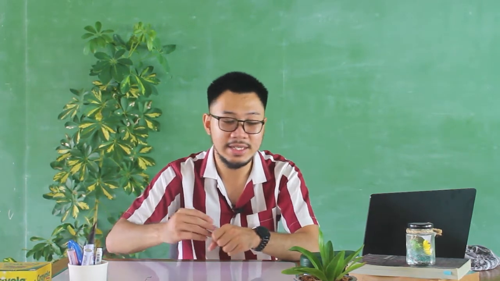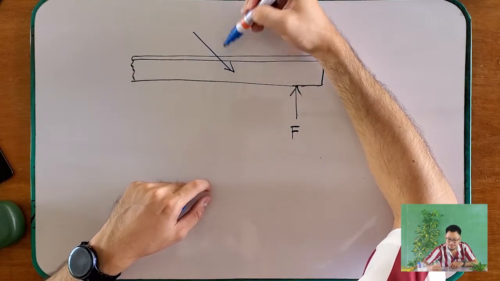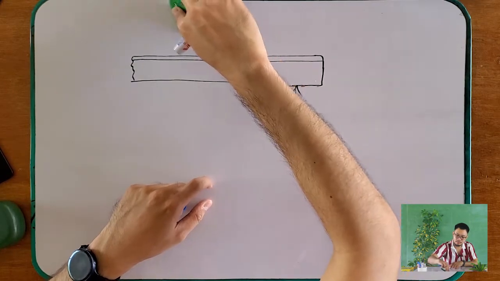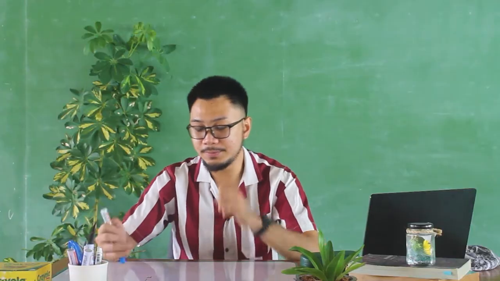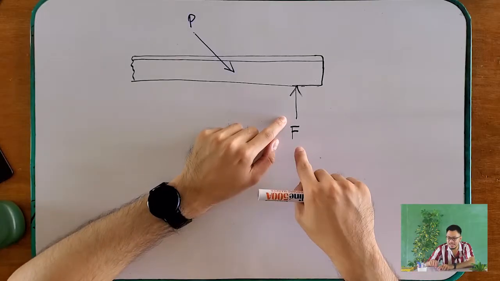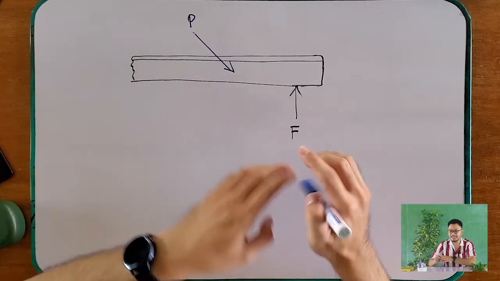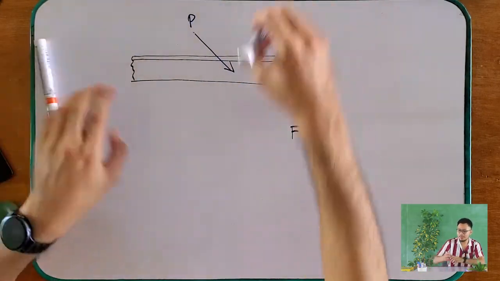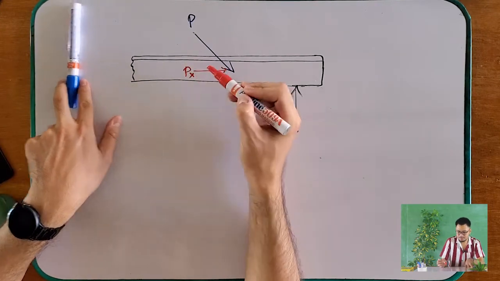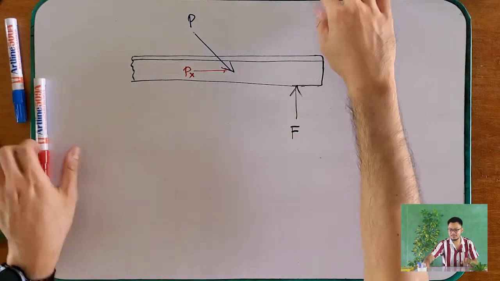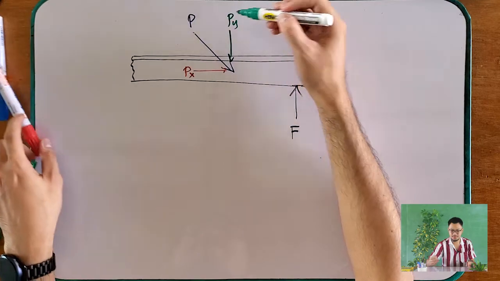Okay, so for example, if you are applying a force going there, and let's call this one as P. So, therefore, this roller support here does not restrict the X component of this force, but only the Y component of that force.